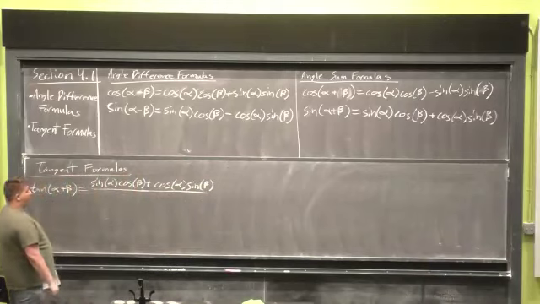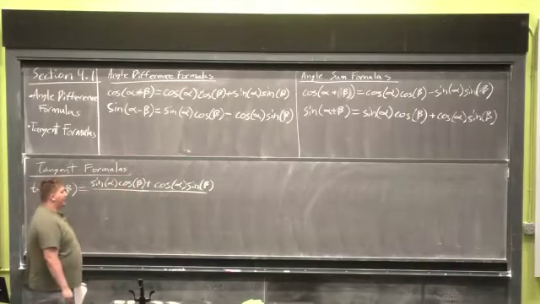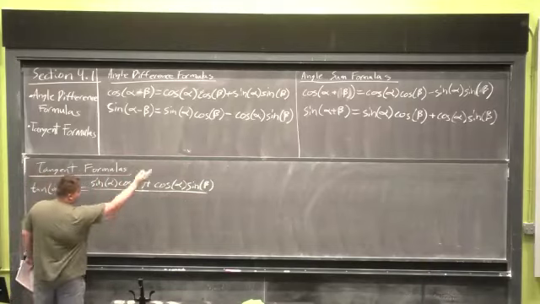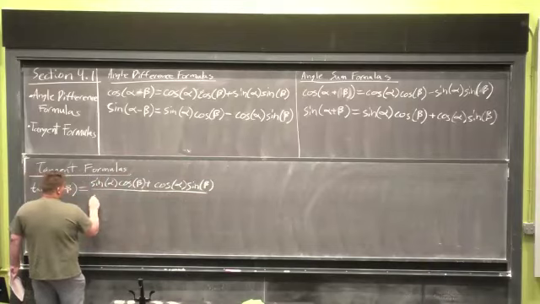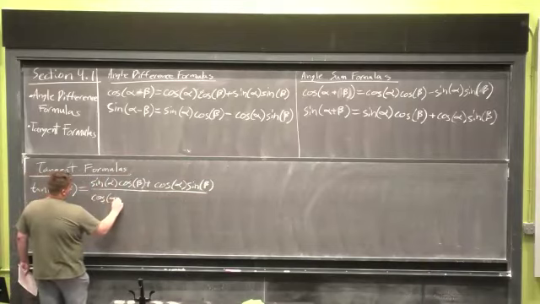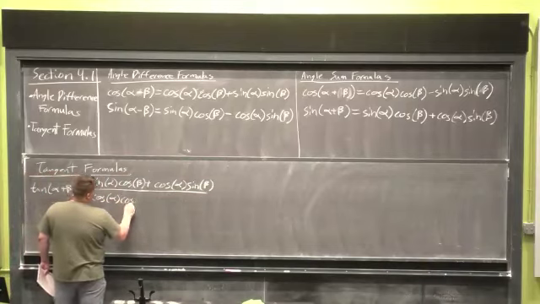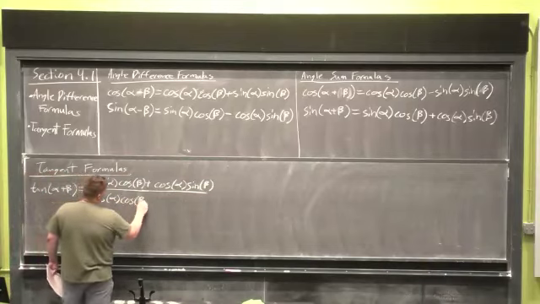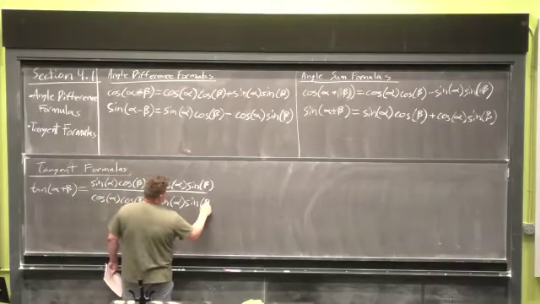And in the denominator, that's equivalent to cosine of alpha plus beta. So I look at my formula and I get cosine of alpha times cosine of beta minus sine of alpha times sine of beta.